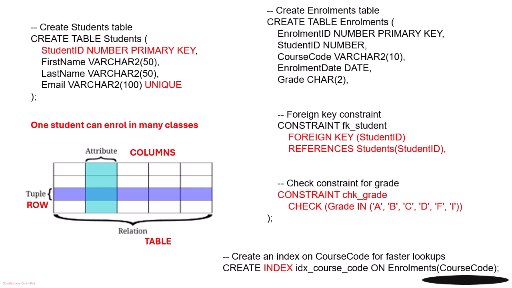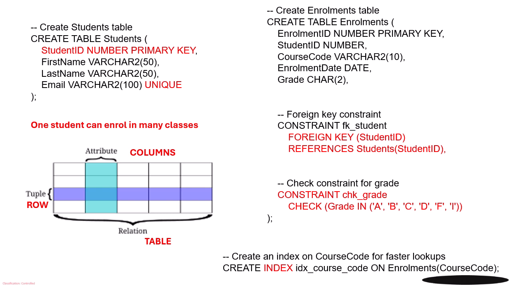Then you have these enrollments, which have a different enrollment ID, and student ID is also there. And then you define a foreign key. So the student ID in enrollments refers to the student ID in the students table.